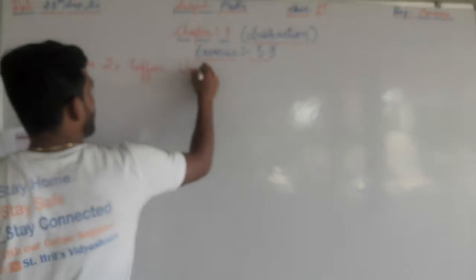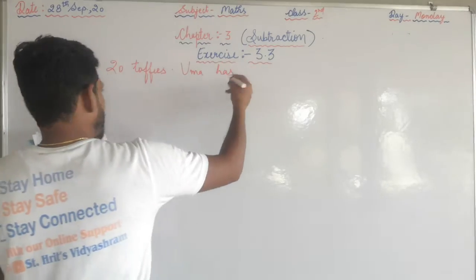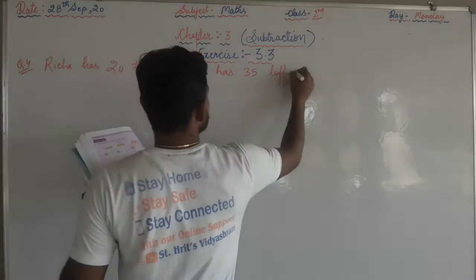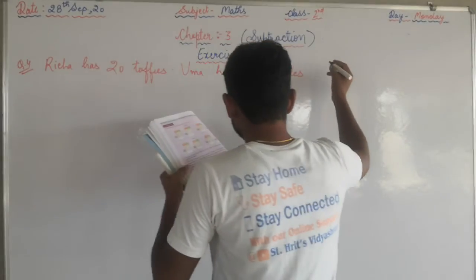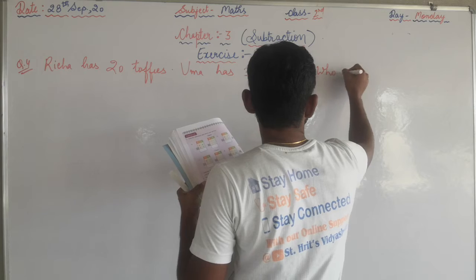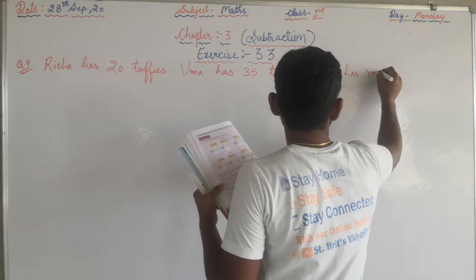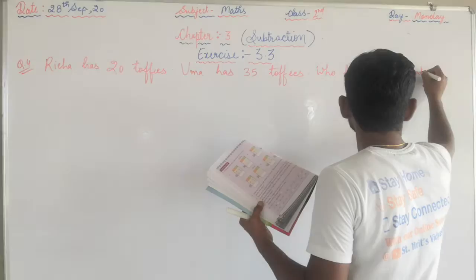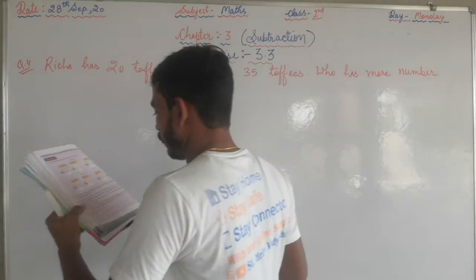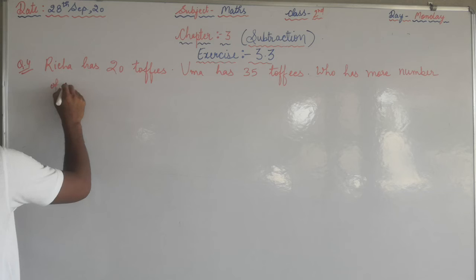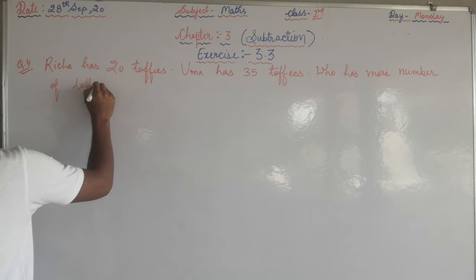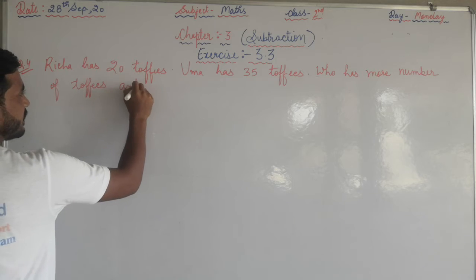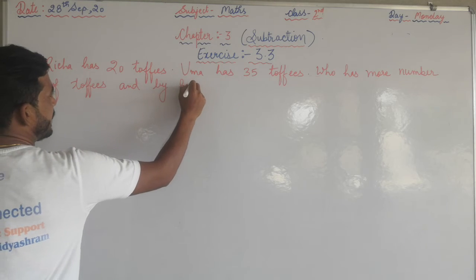Uma has 35 toffees. Who has more number of toffees, and by how many?